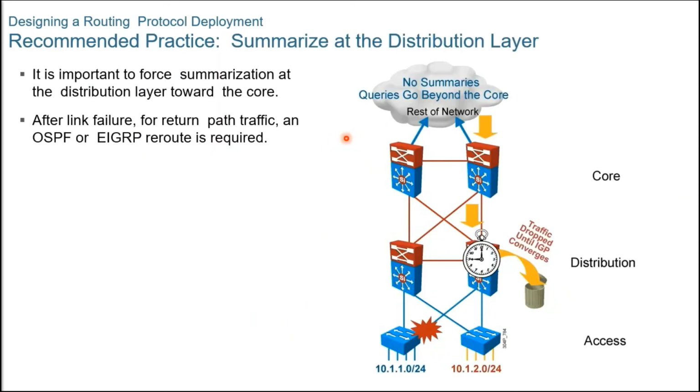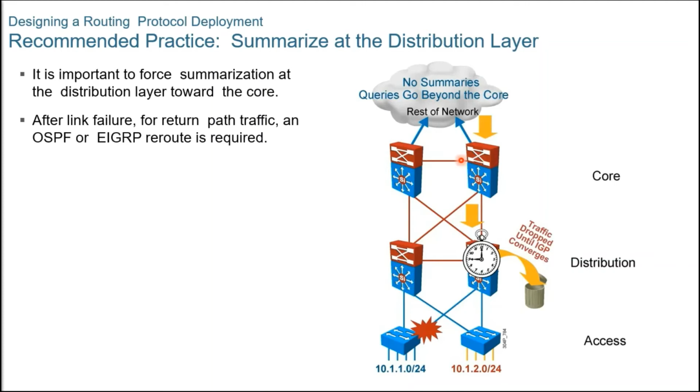Recommended practice: summarize at the distribution layer. It is recommended practice to configure summarization in a large network from the distribution layer towards the core, as illustrated on this figure. The distribution layer should summarize all networks on all interfaces towards the campus core.